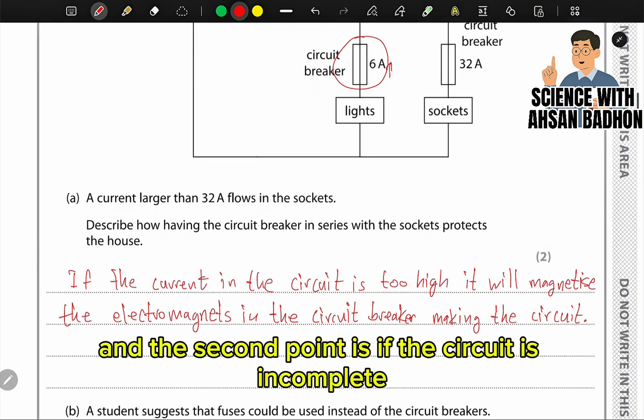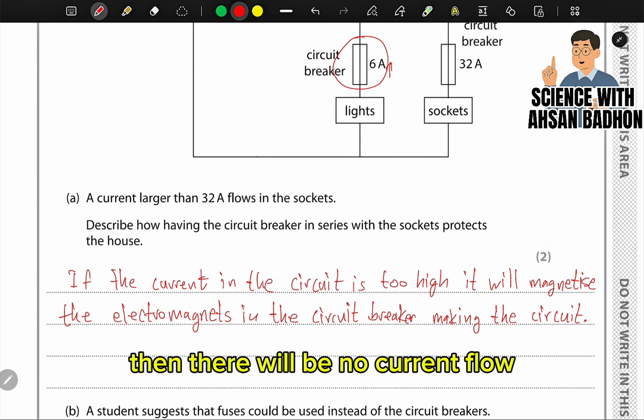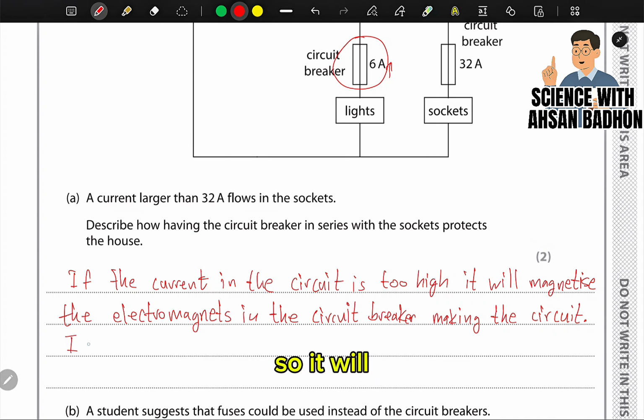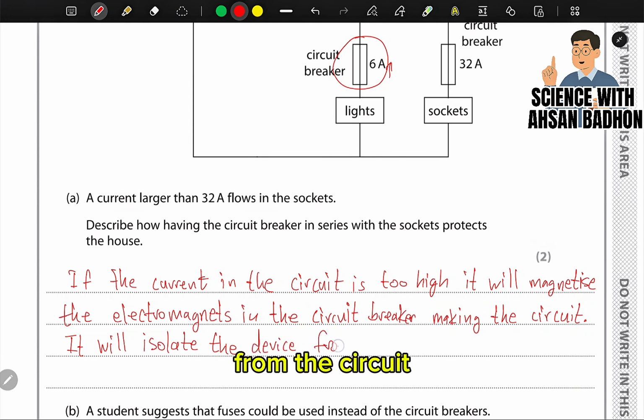And the second point is, if the circuit is incomplete, then there will be no current flow. So it will isolate the device from the circuit.